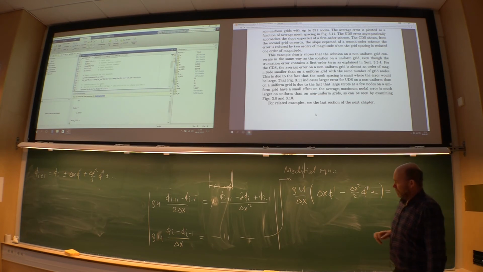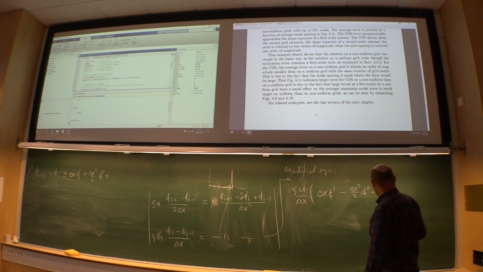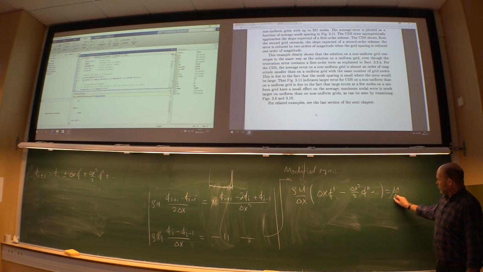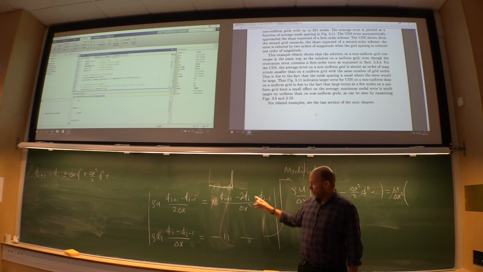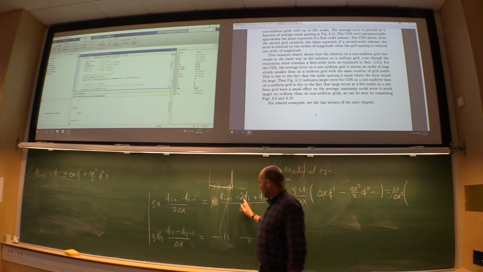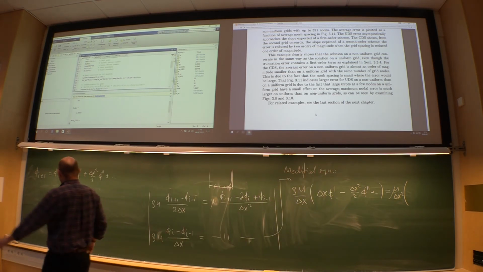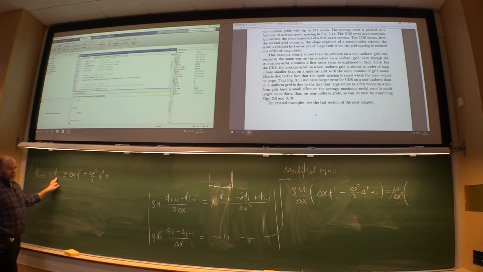Equals, then we have to do it on the other side as well. Mu over delta x square, the sum of both the Taylor series, the positive and the negative, minus 2 times the center point. The center point, he will fall, plus 2 of him, and we have minus 2 of him already.